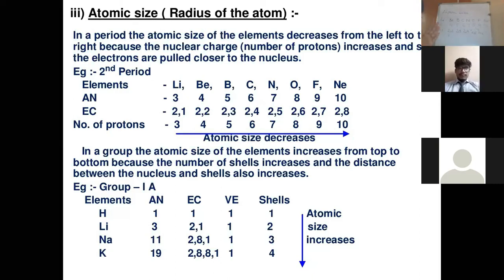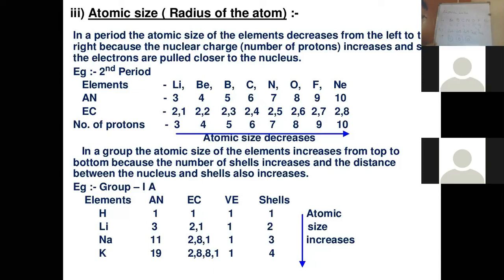We have to find out the reason why the atomic size goes on decreasing, although everywhere the number of shells is 2. Okay, now there is a reason.